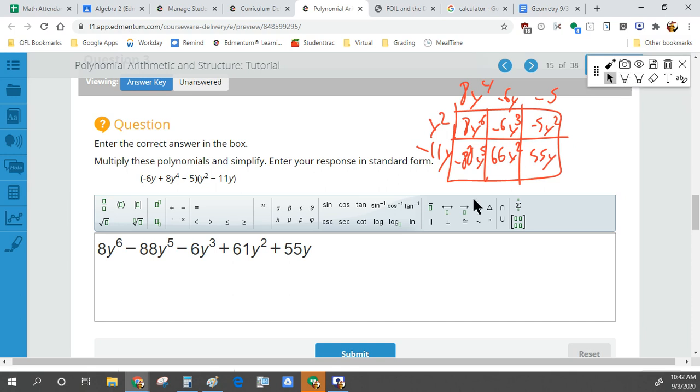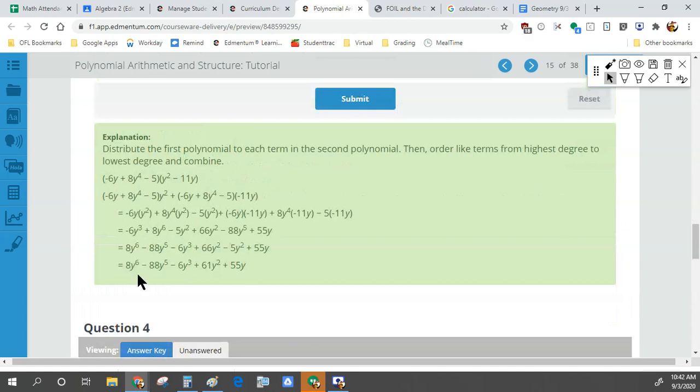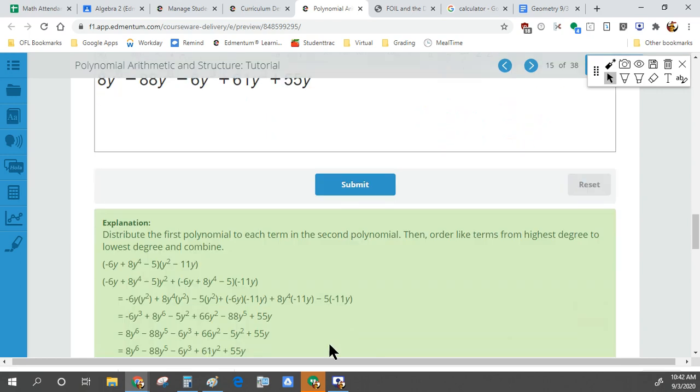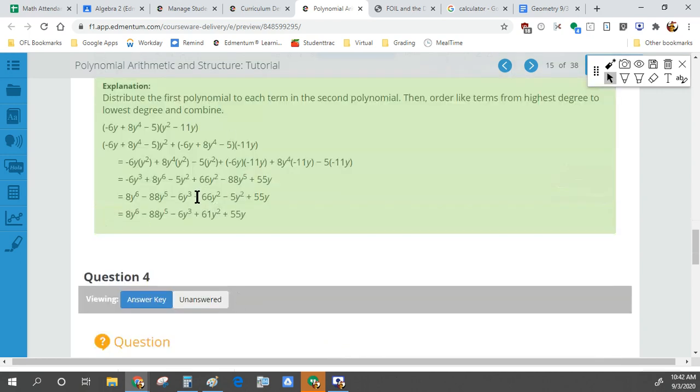If I were to write this down and compare it to here, it's essentially the same thing, except mine is already organized a little bit more. I can go boom, boom, boom, boom. These two are going to combine because they have the same power, which you can see right here, combines together to make that.